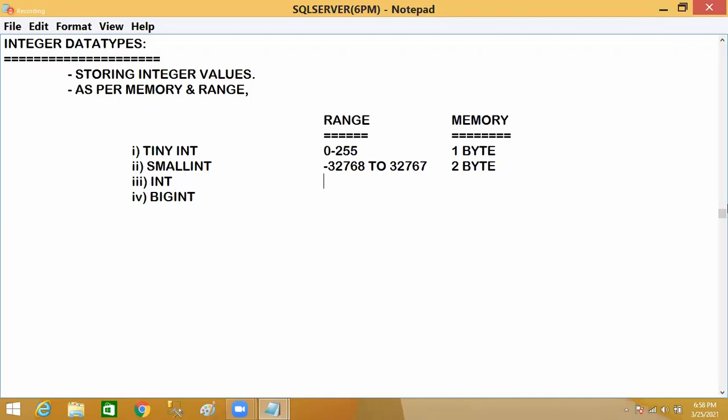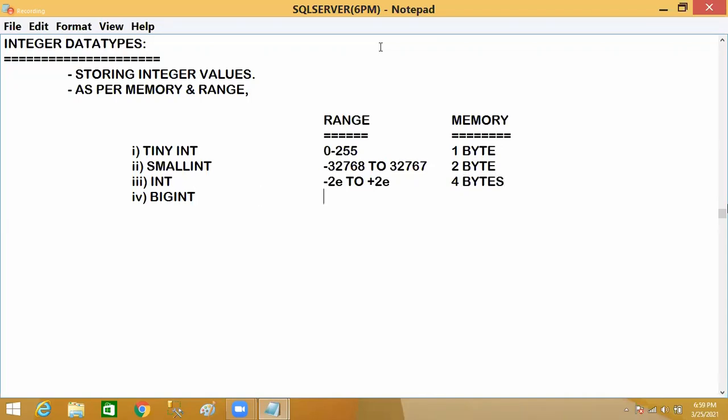Later, int will store values from minus 2 to the power of some value to plus 2 to the power of some value. I am saying it in shortcut; in the documentation you can see exactly how much the number is. It occupies 4 bytes of memory.